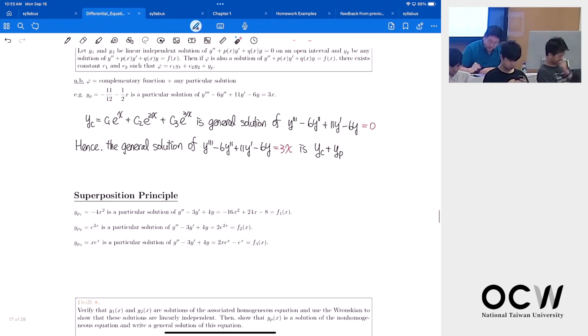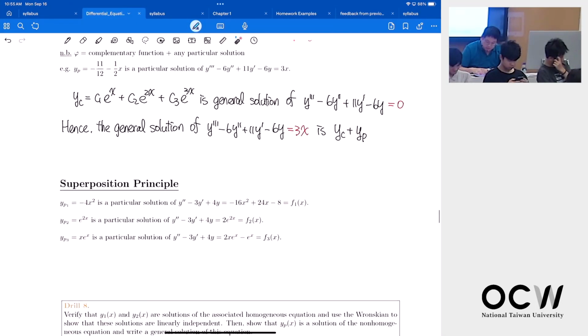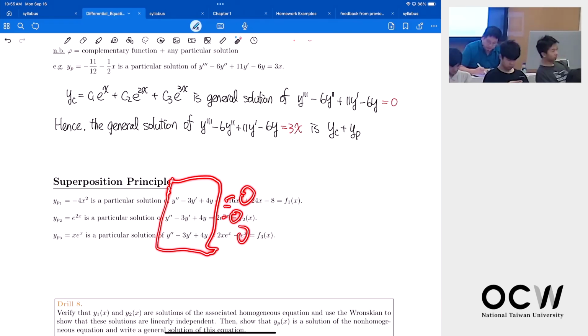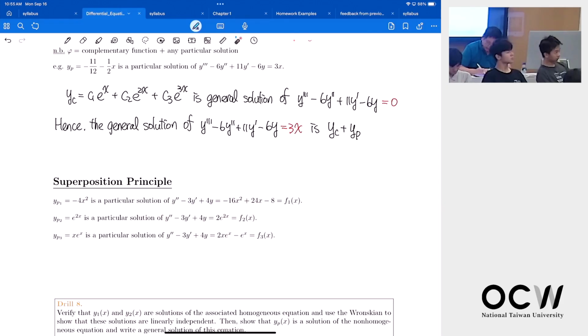Next one is the superposition principle. Okay, so suppose you can see here, for the homogeneous term, if I put 0 here, they are the same. I just have a different forcing function. With a different forcing function, I have a different particular solution.